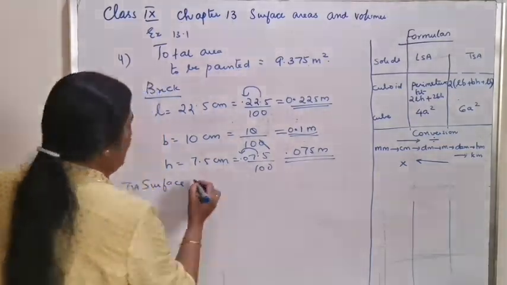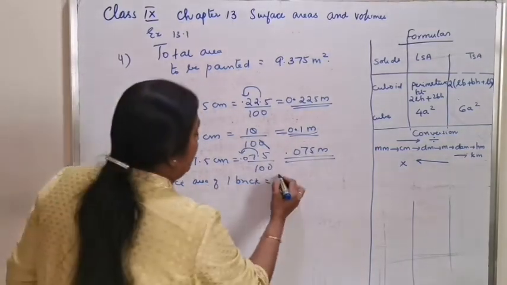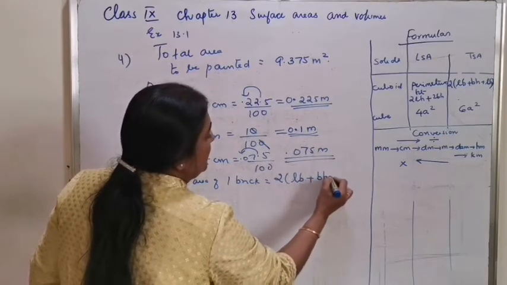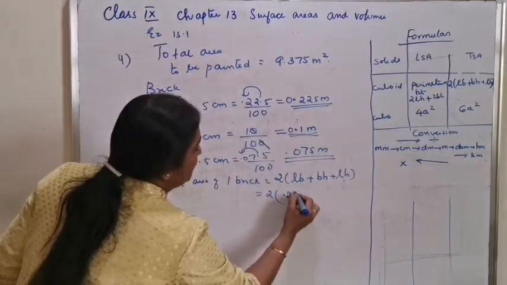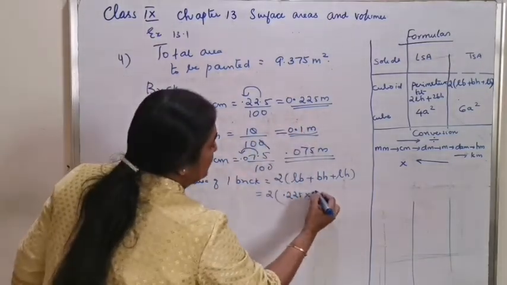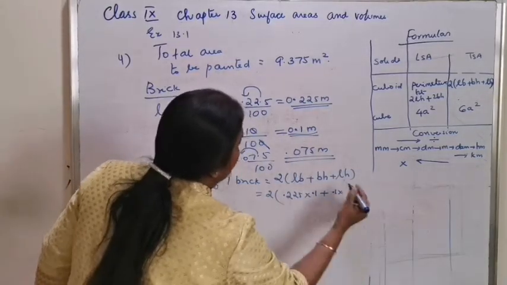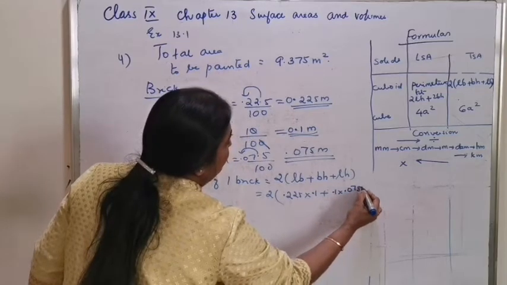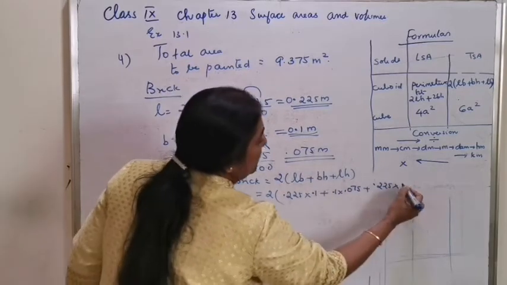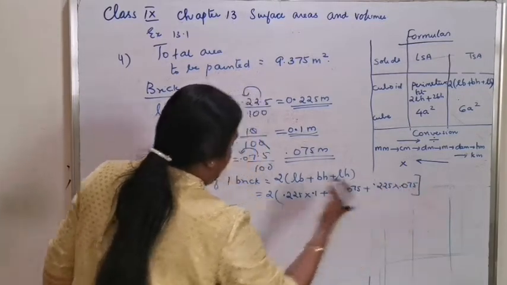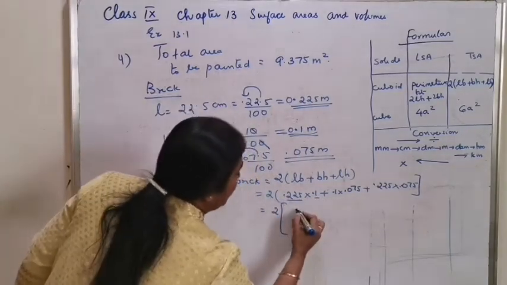Total surface area of one brick is equal to, what is the formula? 2 times (LB + BH + LH), which is equal to 2 times (L into B, 0.225 into breadth 0.1, plus BH, 0.1 into 0.075, plus LH, 0.225 into 0.075).